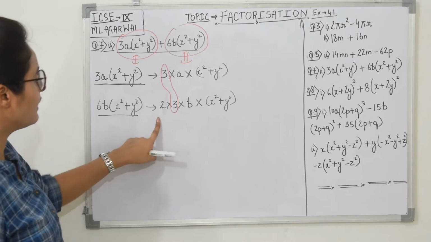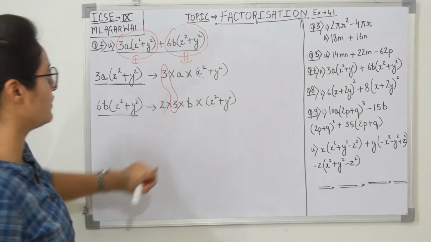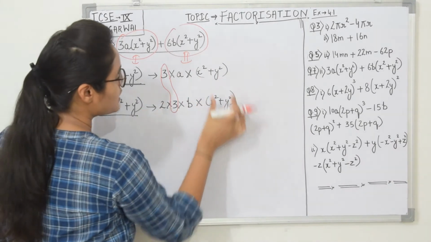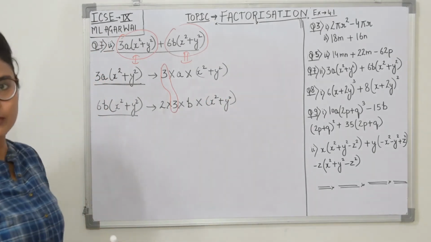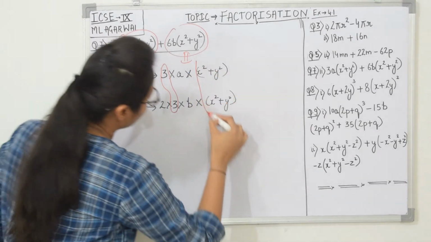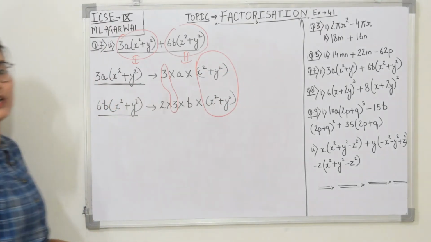We are not having a, we are not having b, we are not having 2 also. One more thing, x square plus y square, it is an irreducible factor only. You are just going to take the whole factor out as common here.